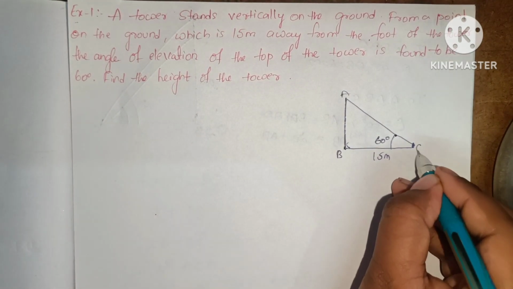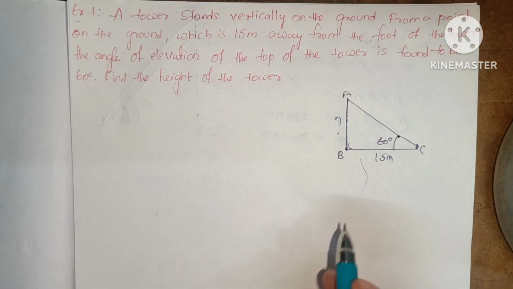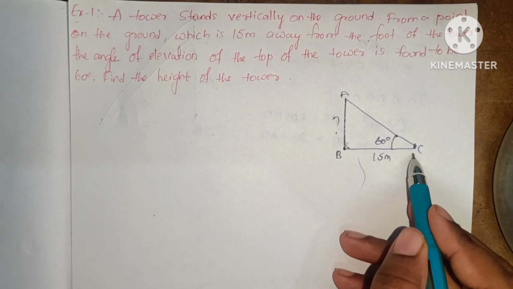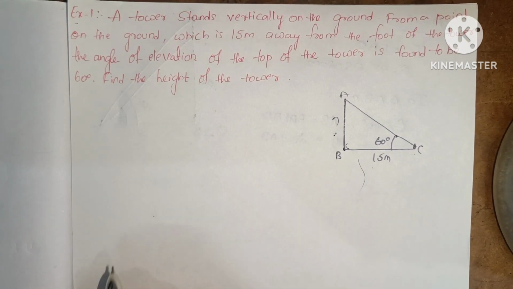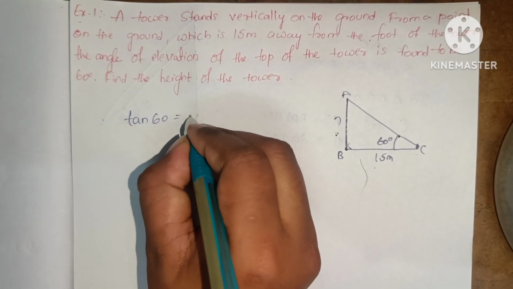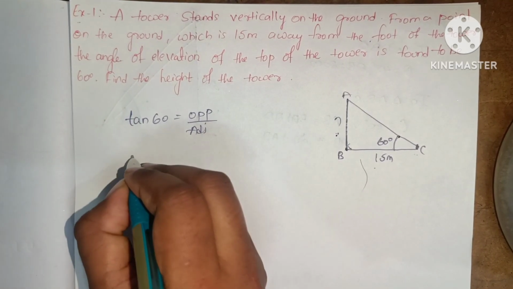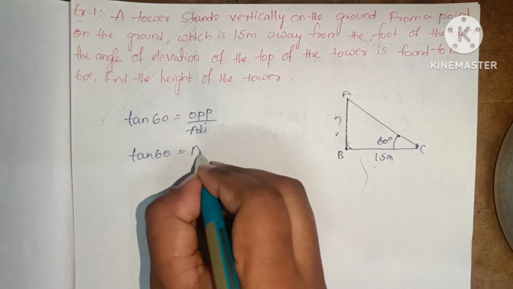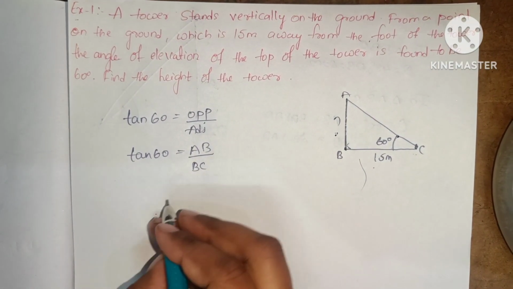A, B, C. So what is asked to find? The height of the tower. You know the theta value, you know the adjacent side value, you want the opposite. In which formula do you see opposite and adjacent? The tan value. So tan 60 equals opposite by adjacent, that is AB by BC.